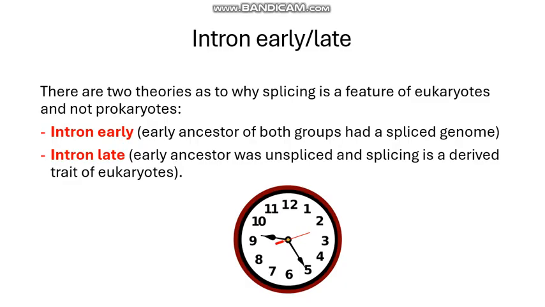And then the intron late theory, which suggests that the early ancestor was unspliced, and then prokaryotes retained this unspliced feature, and intron splicing is a derived trait of the eukaryote group.